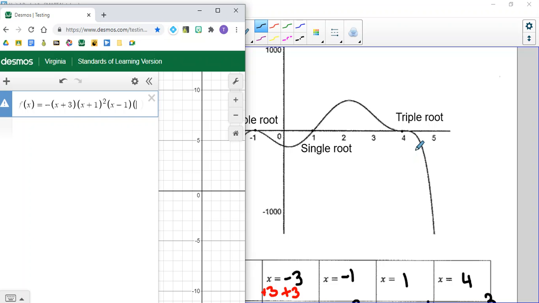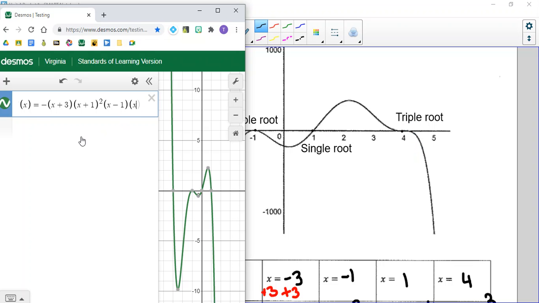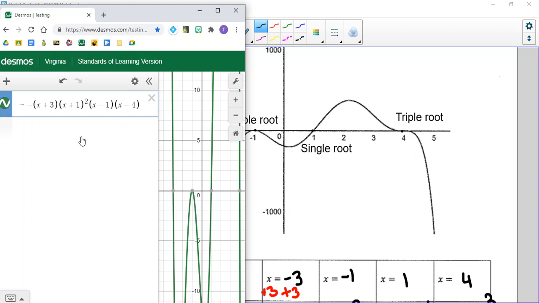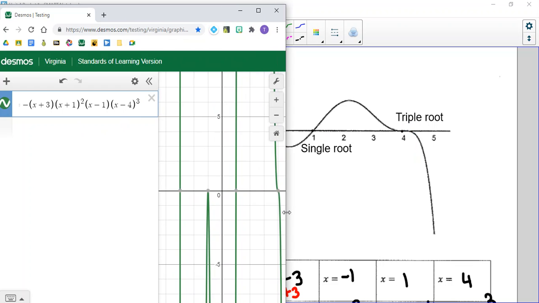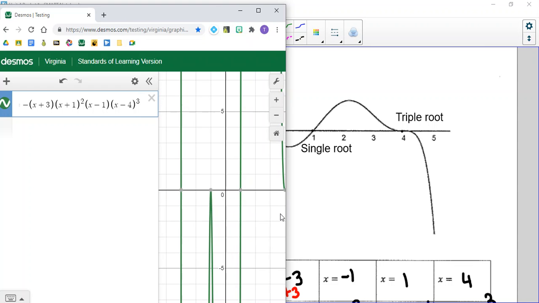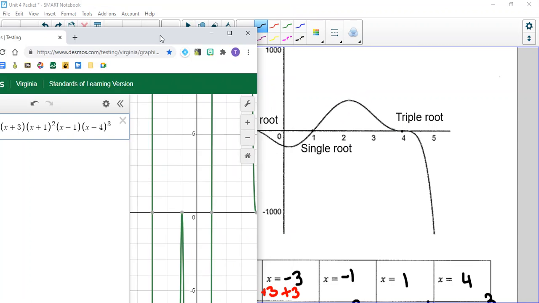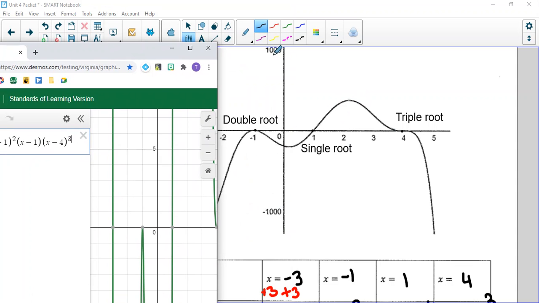And then finally this one, there's a 4, since it's positive, I have to put minus 4. And then let me go ahead and make a triple root. There we go. Now this looks weird. It doesn't look exactly like this graph because I changed my y value to show from negative 1,000 to 1,000 here.